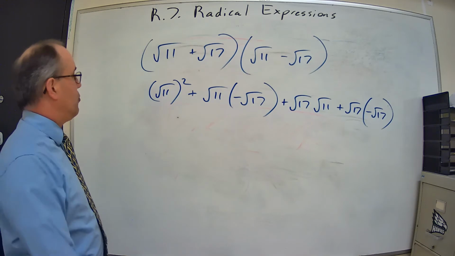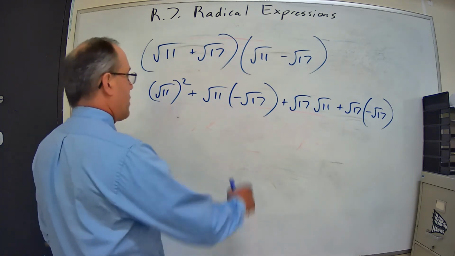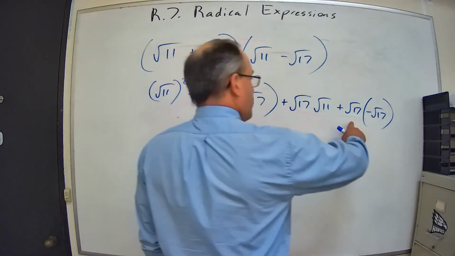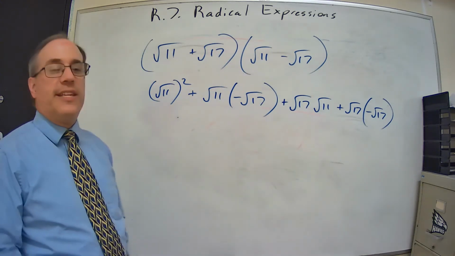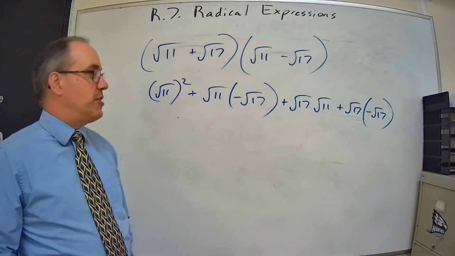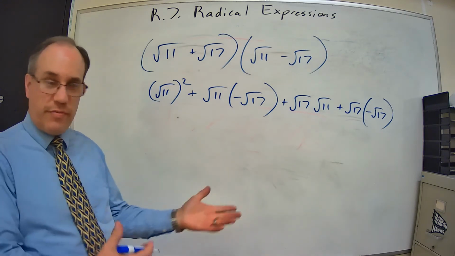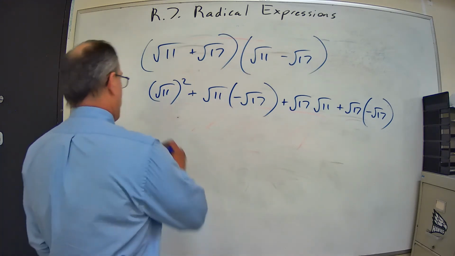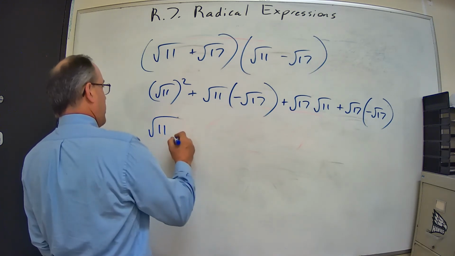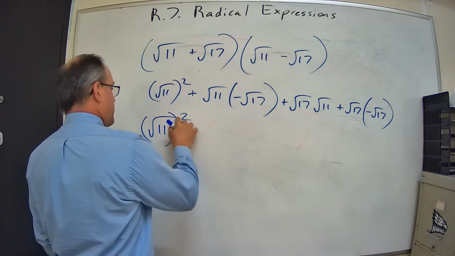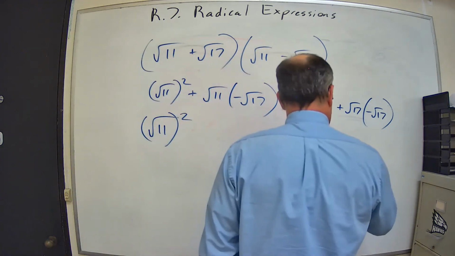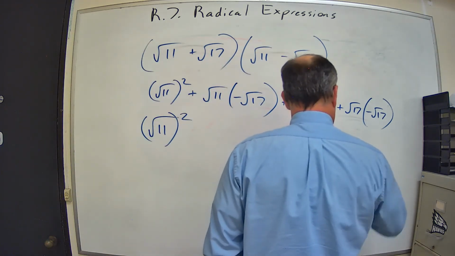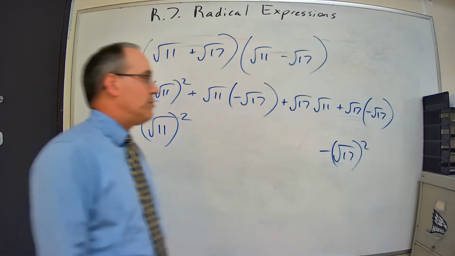Okay, so what does that do to us? Well, negative square root of 17 times the negative square root of 17 is going to give us the negative square root of 17 squared, right? Negative times positive, going to get a negative result. So I'm going to put the square root of 11 squared here, just because we already had it there. I'm going to put minus the square root of 17 squared there.